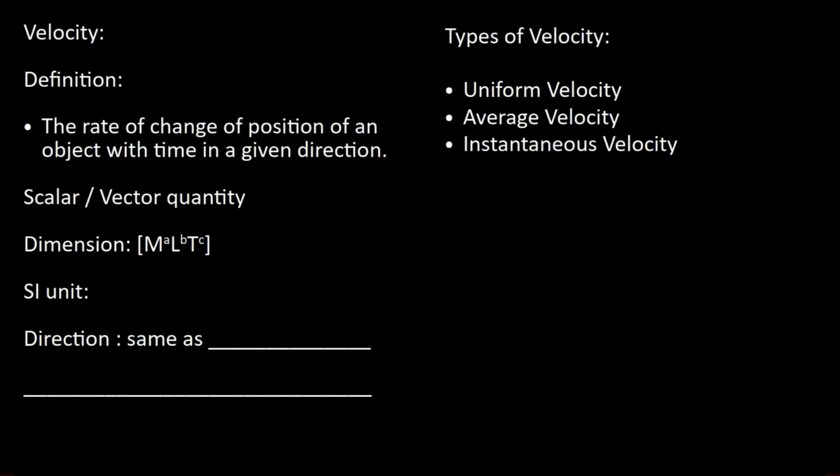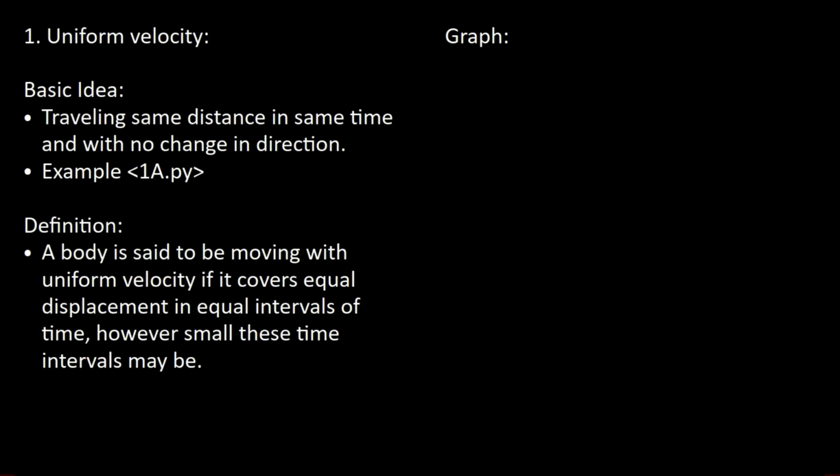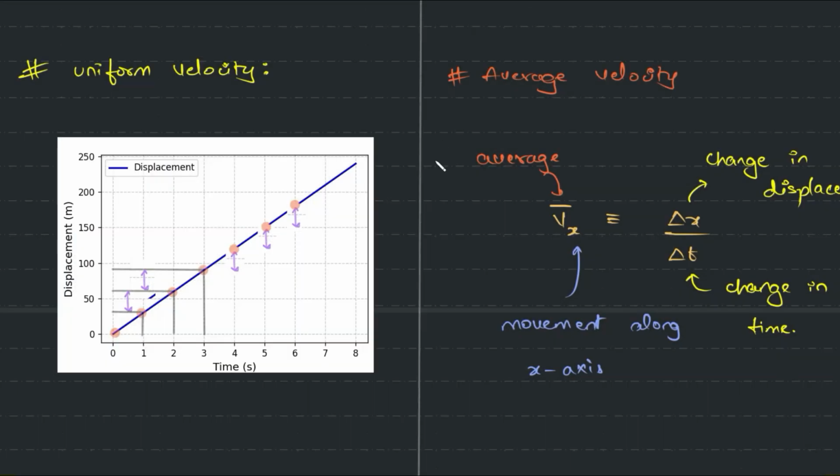If you want to write something, you can do so now. For uniform velocity, this is the graph.